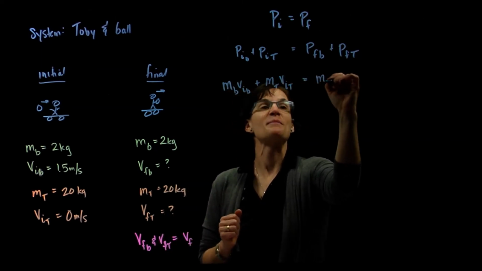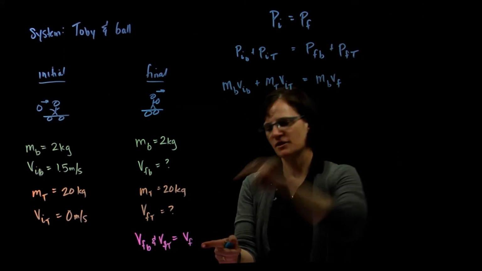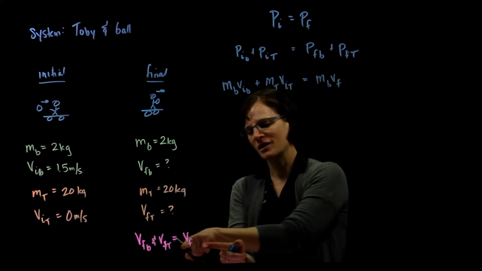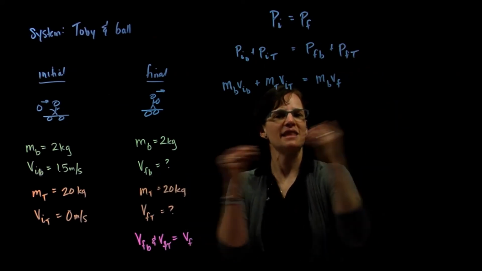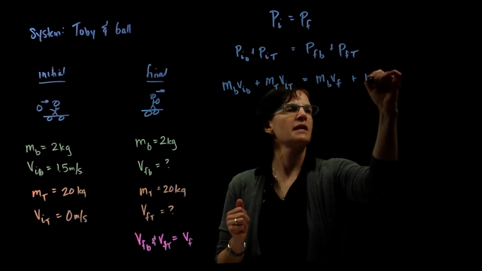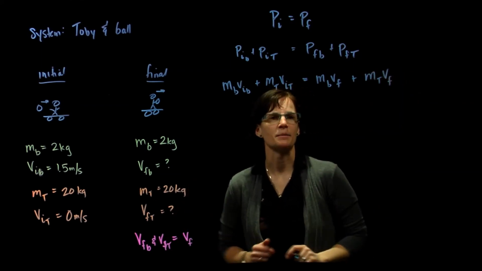That's going to give us the mass of the ball times the final velocity, and I'm going to keep that at V final, because there's only one velocity at the end. They stuck together, plus the mass of Toby times Toby's final velocity, which is the same as the ball.